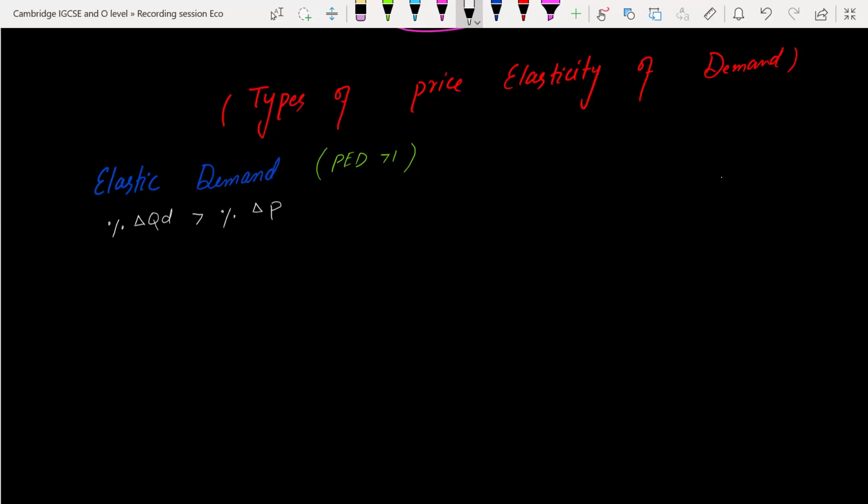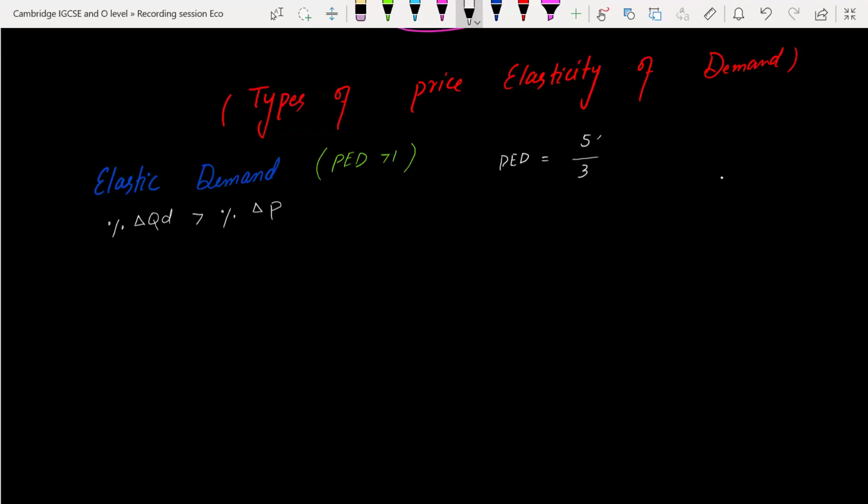in price. For example, as we have already discussed, when I apply PED, if I say a value of 5 and a value of 3, when I divide these values, the answer will be greater than 1.